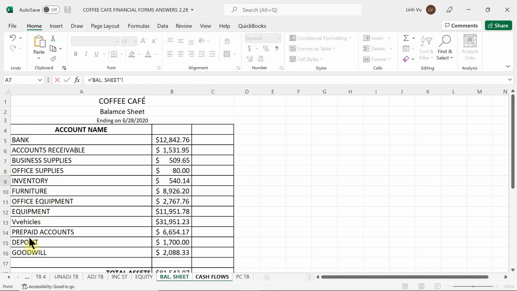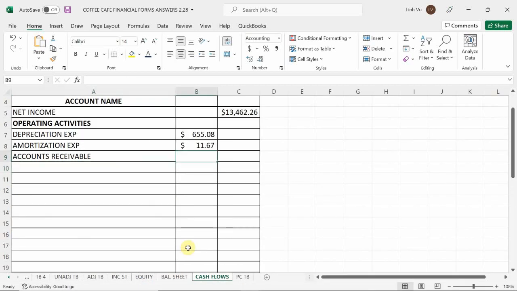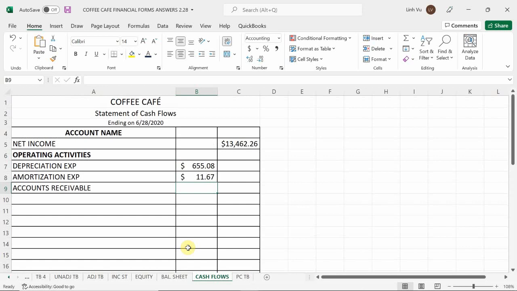But the first thing I have here is accounts receivable, right? Now, this is how we need to understand this. Accounts receivable, we know, means that our customer owes us money. The question is how we understand it in the statement of cash flows: did we actually receive the money from these customers?